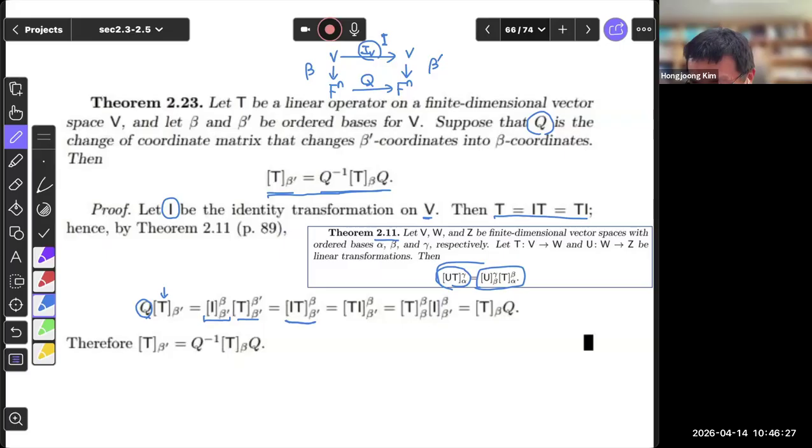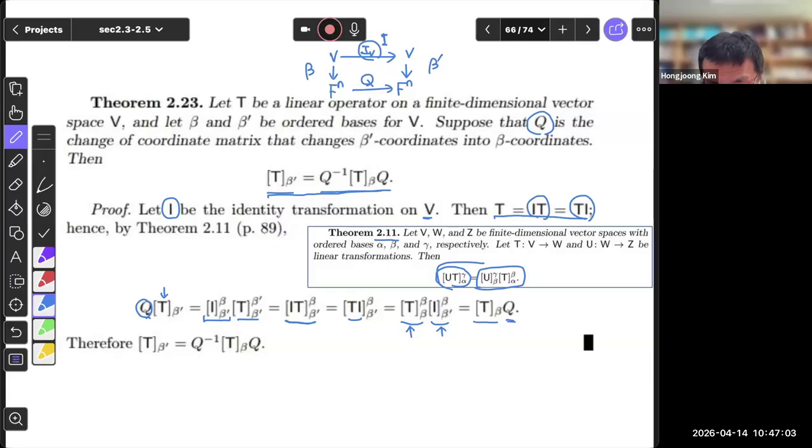Now, as I said, the composite of I and T will be the same as the composite of T and I. And by using theorem 2.11 one more time, I can split this into these two. The first matrix on the right is just the Q matrix, and the matrix on the left is just this one.